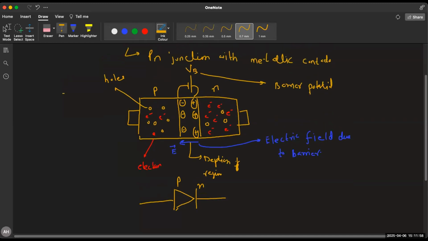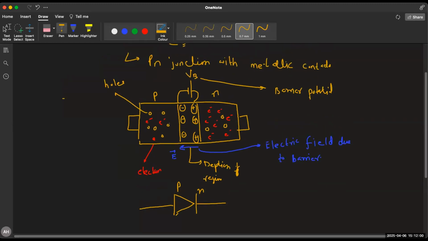One more thing, in a PN junction there are two types of motion. What is the motion of majority charge carriers across the junction?